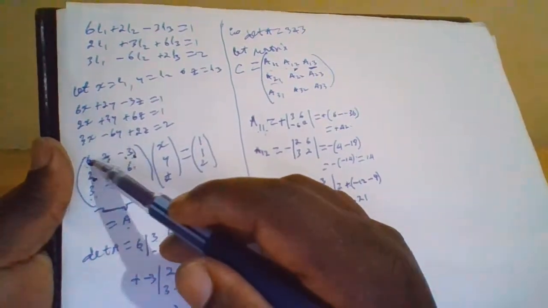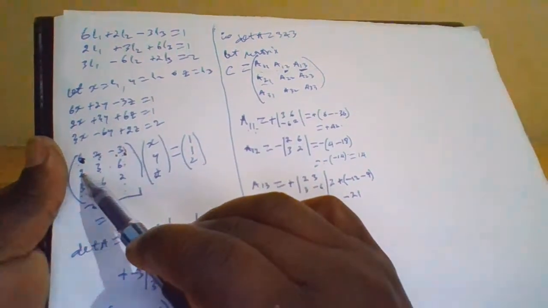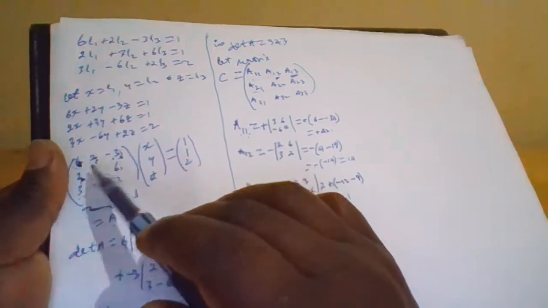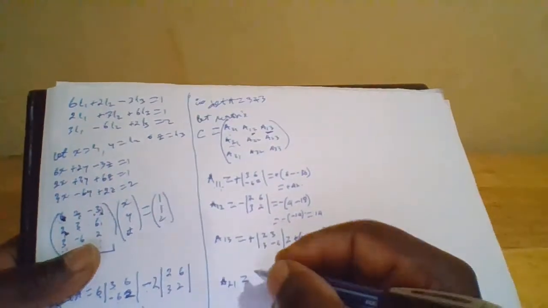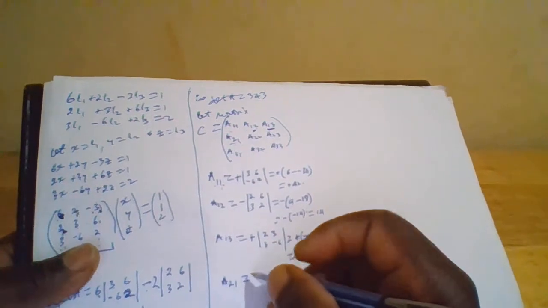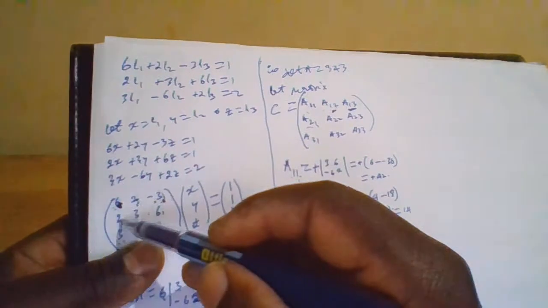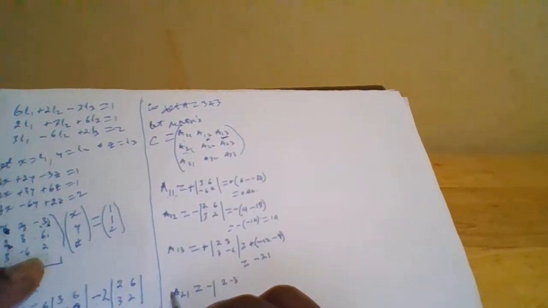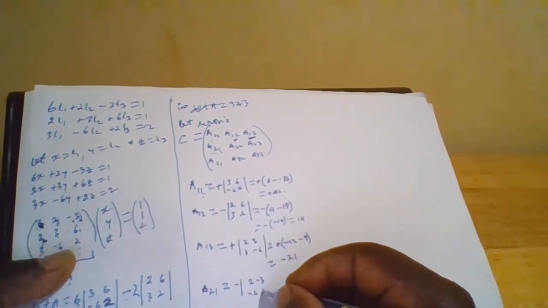This element we have 6, which is positive, negative, so the place sign is negative. The minor of element 2 shall block this row and this column, so the minor of this element 2 shall have 2, negative 3, then you have negative 6, 2.